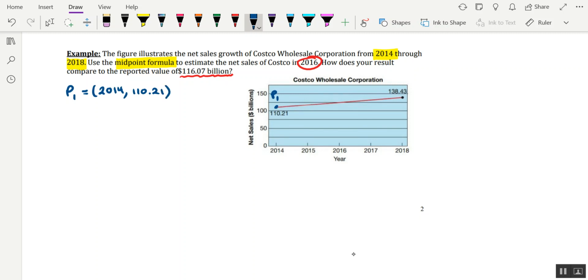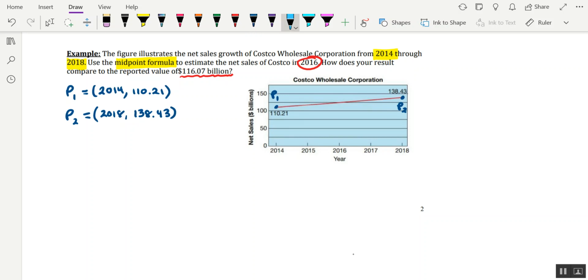And there's an endpoint to this graph right here, which I'll call P2, and we can form an ordered pair using 2018 as the x-coordinate and 138.43 billion as the y-coordinate.